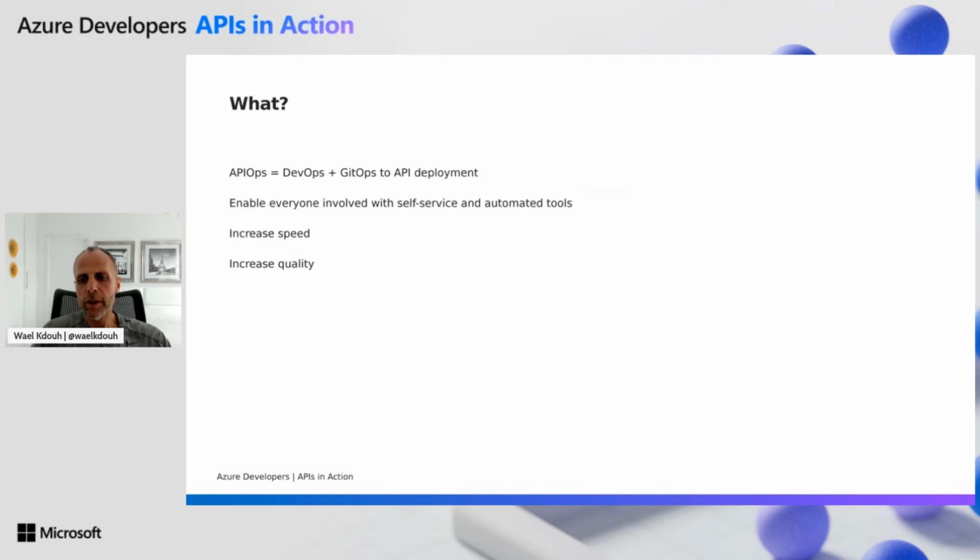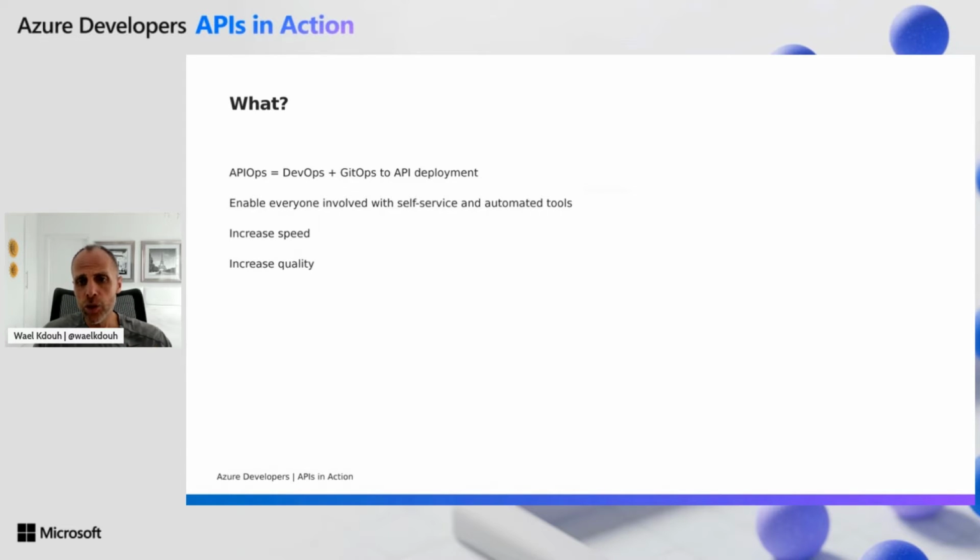So let's double click a little bit into the what. As you can probably tell from the title of the talk, APIOps applies the concepts of GitOps and DevOps to API deployment. When we first envisioned the tool, the idea was that by using practices from these two methodologies, APIOps can enable everyone involved in the lifecycle of API design, development, and deployment with self-service and automated tools.